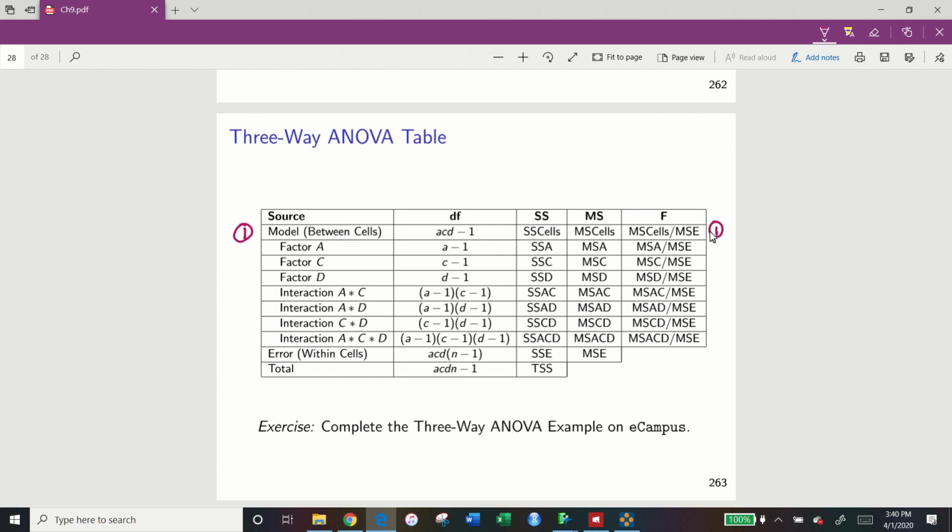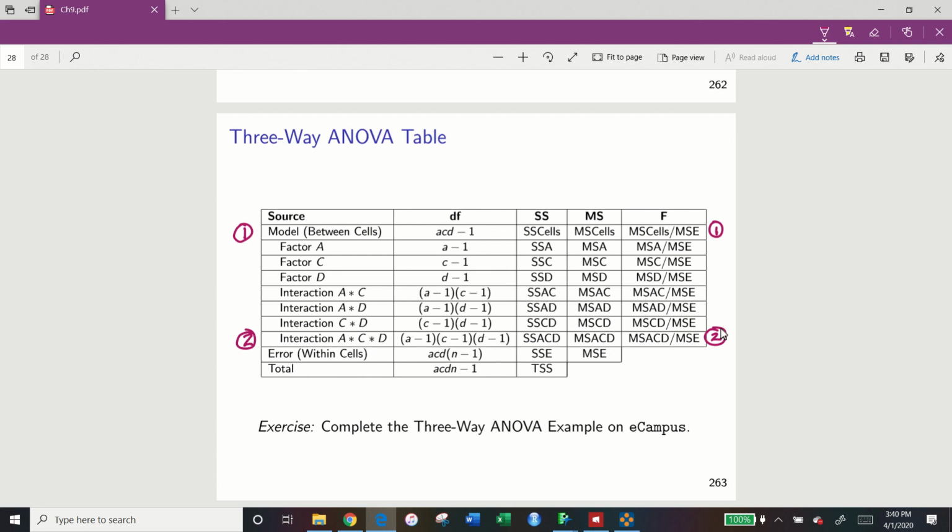If step 1, our overall F-test, is significant, we would then take a look at our three-way interaction effect and see if that's significant. If it is, we would then complete our pairwise comparisons.